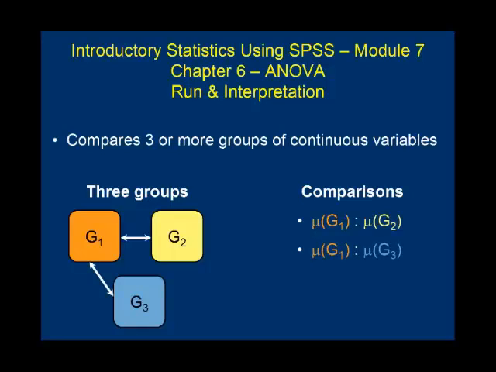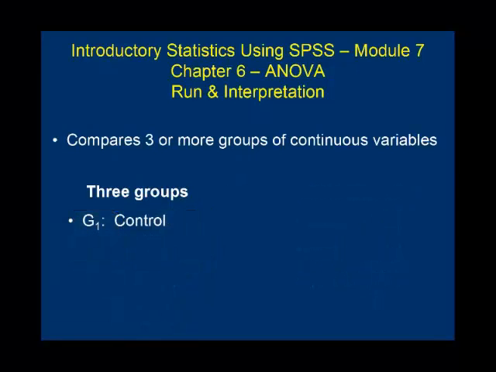We can compare the mean of Group 1 to the mean of Group 3, and we can compare the mean of Group 2 to the mean of Group 3. Specifically, Group 1 would be the control group, Group 2 would receive some treatment, and Group 3 would receive a different treatment. The ANOVA test reveals if there is a statistically significant difference among these groups.